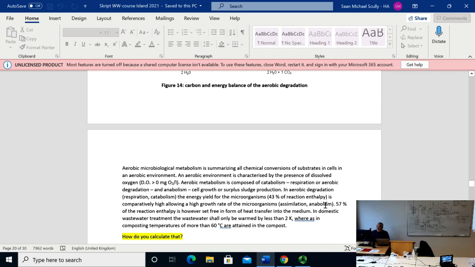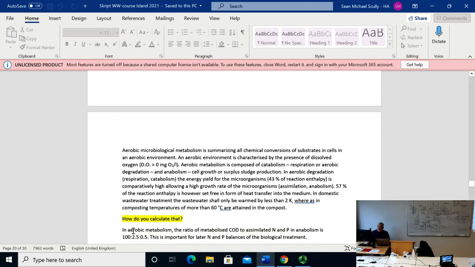Assimilation, metabolism. 57% of the reaction enthalpy is, however, set free in form of heat transfer into the medium. In domestic wastewater treatment, the wastewater shall only be warmed by less than 2 Kelvin, whereas in composting, temperatures of more than 60 degrees centigrade are attained in the compost.